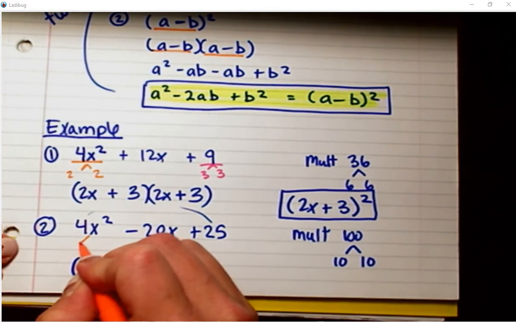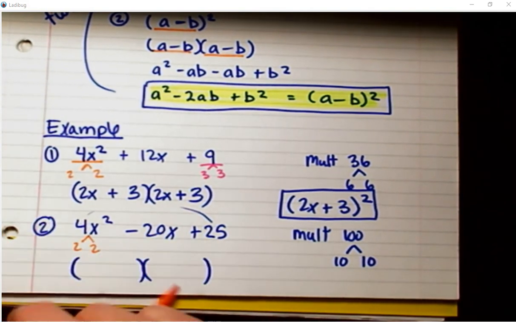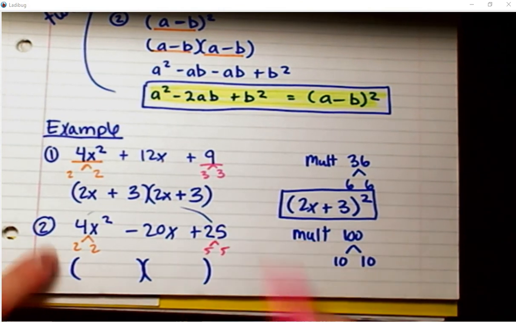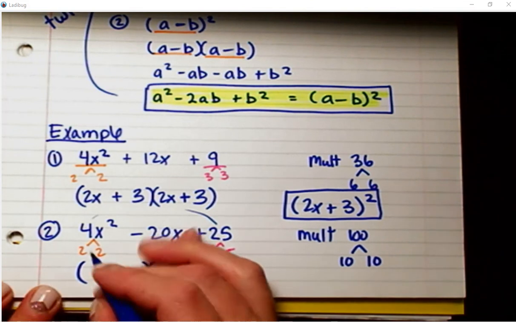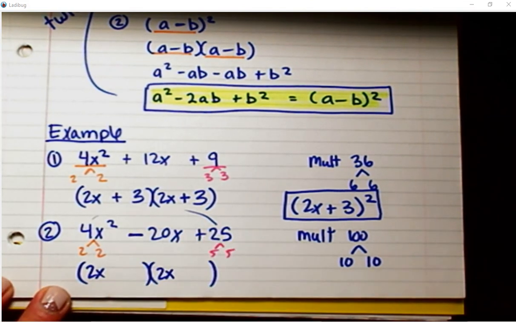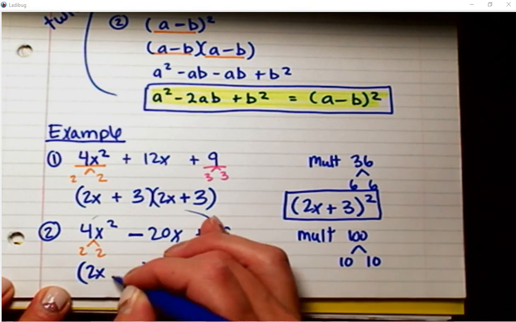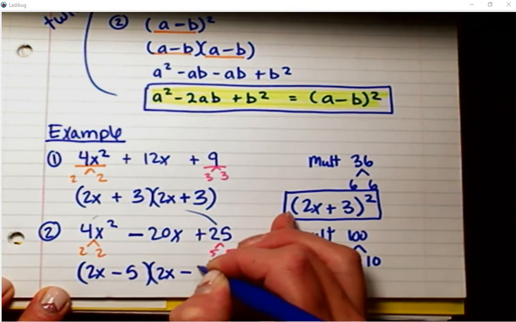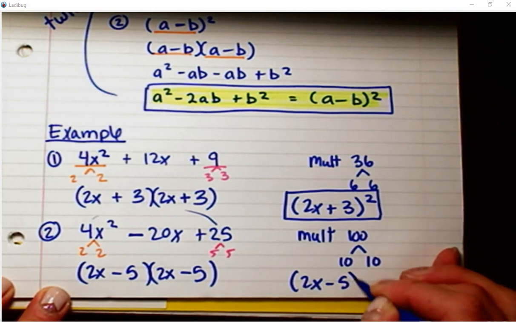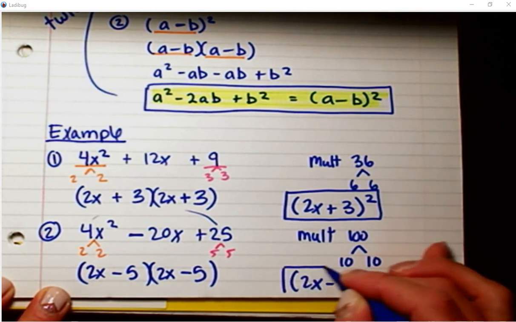All right, so this is 2 times 2, and this one is 5 times 5. Notice that that gets me to the 10 that I was hoping to find. So 2x times 2x, be careful on the minus. Minus 5 minus 5. So 2x minus 5 squared.